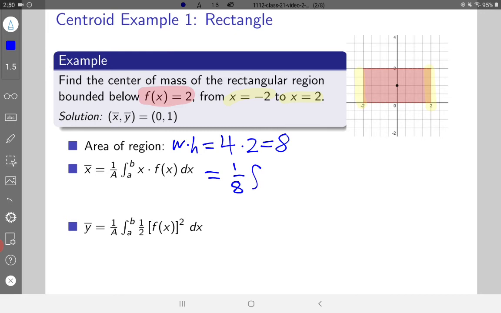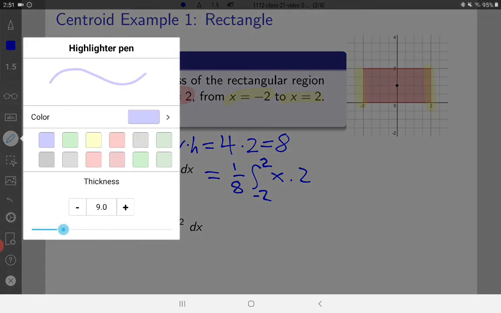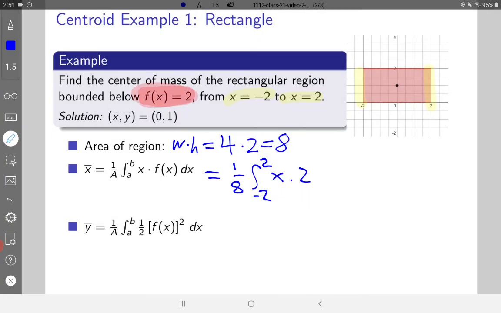I'm going to set up an integral from the far left side, x equals -2, all the way over to x equals +2 on the far right-hand side. And the formula says x times f of x. x times, in this case, 2. That's the function f of x that I have highlighted already over here. That's where that 2 is there. That's f of x.